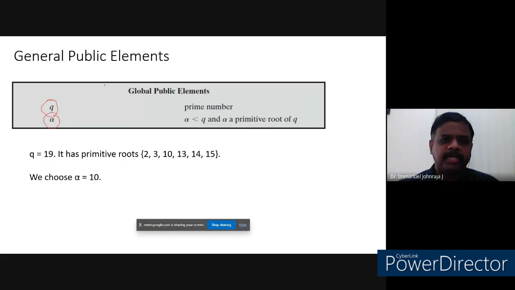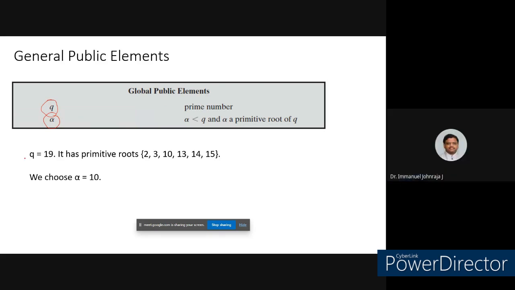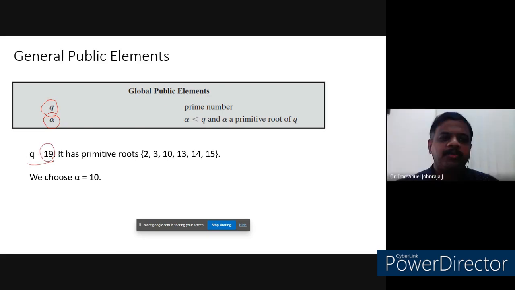All right. In parallel, we'll also have some sample calculations for our understanding. In our example, Q is chosen as 19. 19 is a prime number, and it has primitive roots 2, 3, 10, 13, 14, 15.